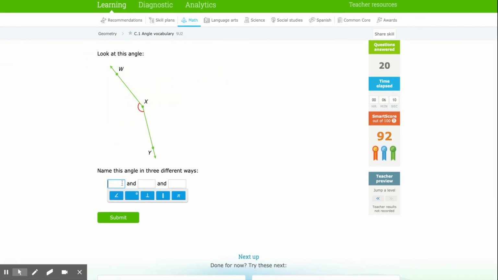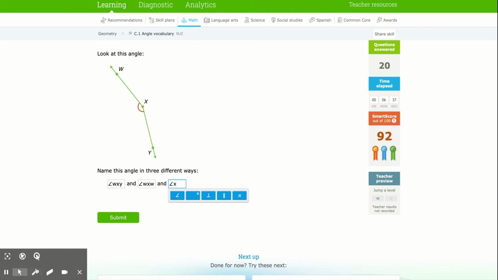Okay, name the angle in 3 different ways. What's nice is we can do the angle WXY, or angle YXW. But if there is only one angle, we can just label it as angle X using just the vertex.